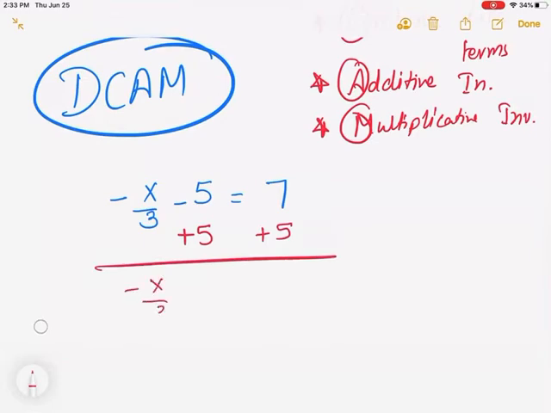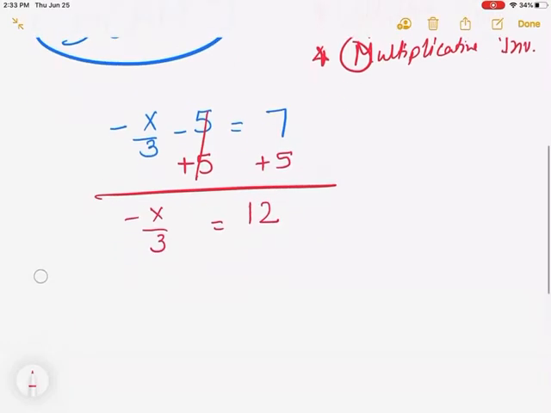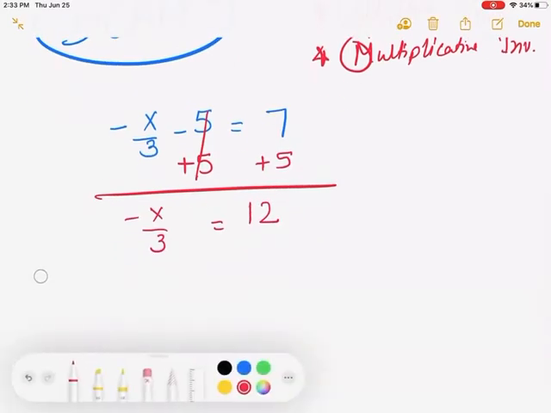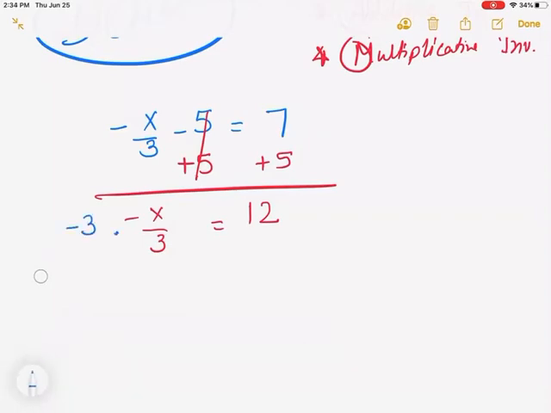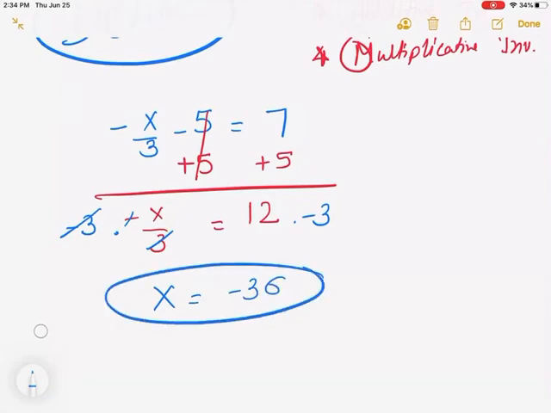Negative x over 3, the 5s cancel, so 7 and 5 added is 12. Okay, 3 is dividing. What would you do to cancel that 3? Don't forget there's a negative, so I would multiply by negative 3 on both sides. The 3 and this negative get canceled out, so x is equal to negative 36. There you go. That was my first example.